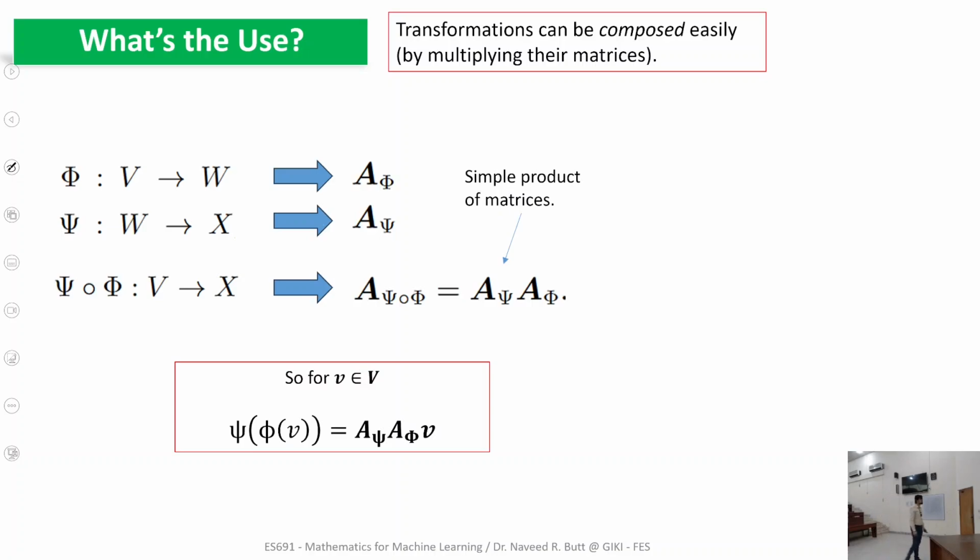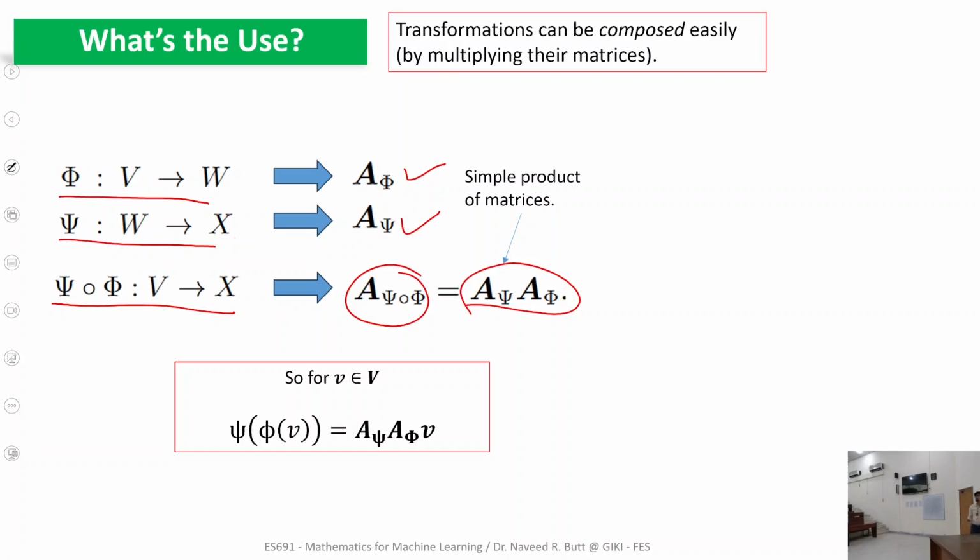That is, the first linear transformation has its own transformation matrix, the second one has its own transformation matrix. If you want to do a composition, assuming that it's allowed, meaning domain and codomain match, then you don't have to find a new matrix, it's simply the product of these.